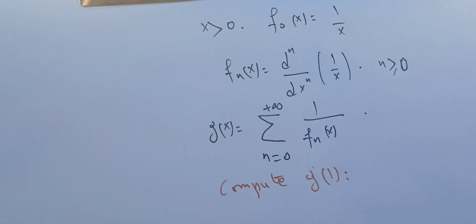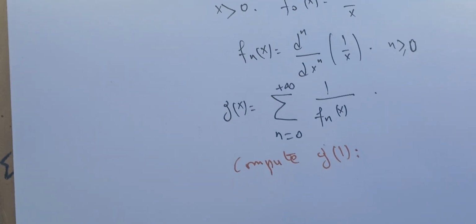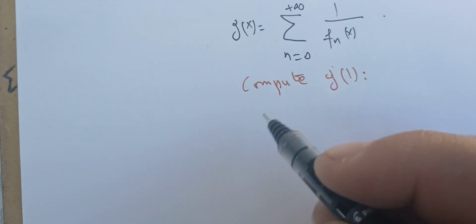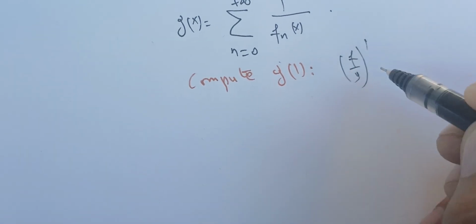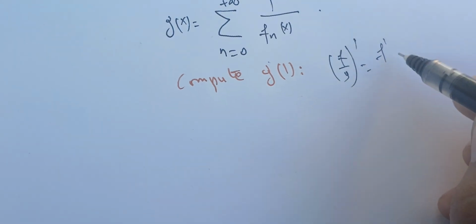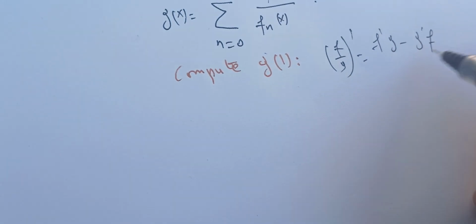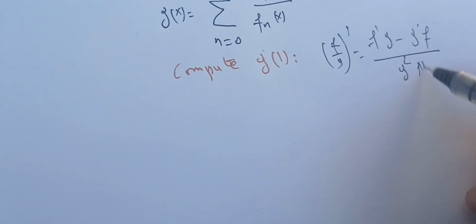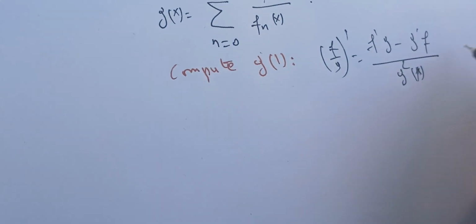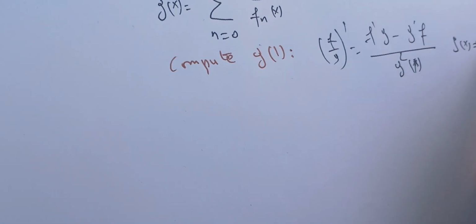Okay, that means we need to find a formula for the nth derivative of 1 over x. Okay, and remember that we have the derivative of f over g. So here it's f prime times g minus g prime times f over g squared. We assume that g squared is not 0, or g of x is not 0.